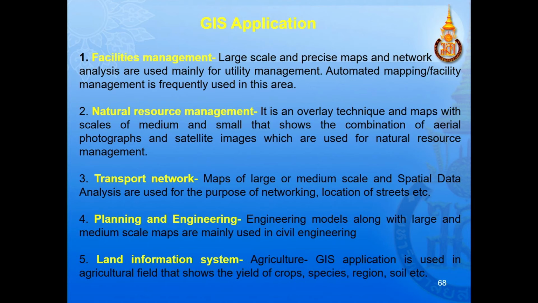Sometimes you want to build a motorway or expressway, right? You can use GIS to calculate from area 1 to area 2 which direction should be the fastest way to build the expressway.